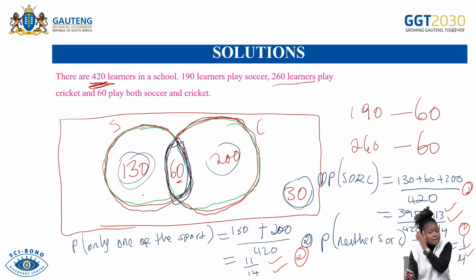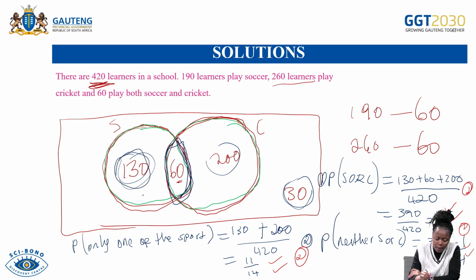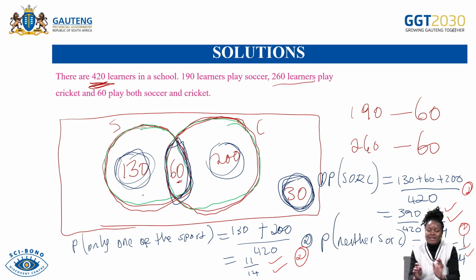This learner doesn't play both of these sports, so it means this learner can either play the soccer only, play the cricket only, or not play any of the sports. So the learner cannot play both the sports at the same time. I don't know if that makes sense.